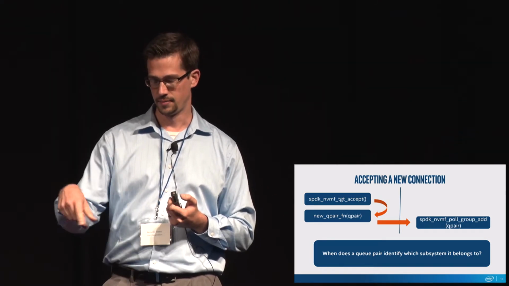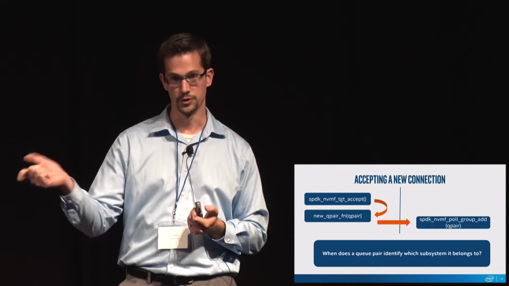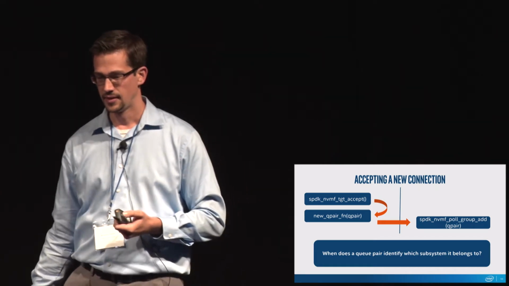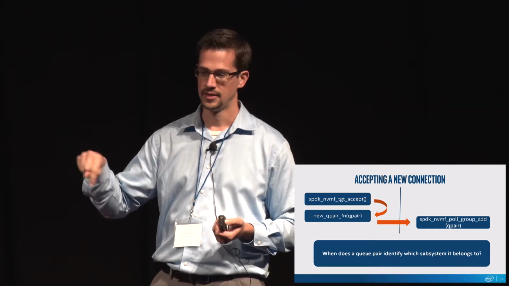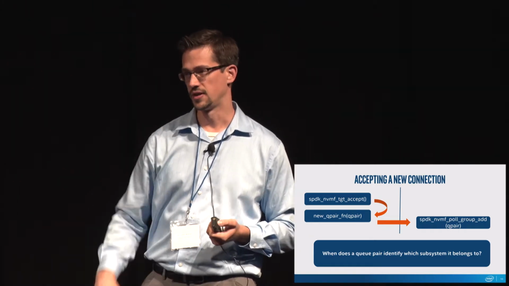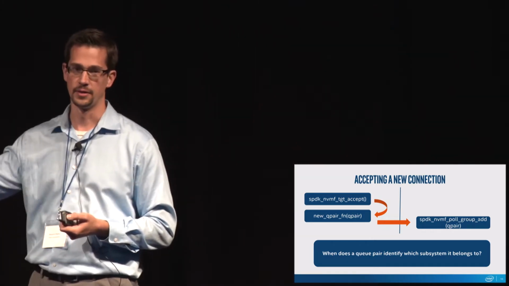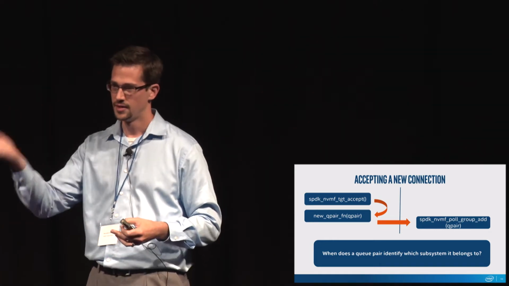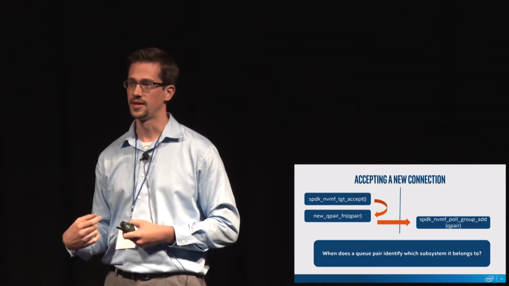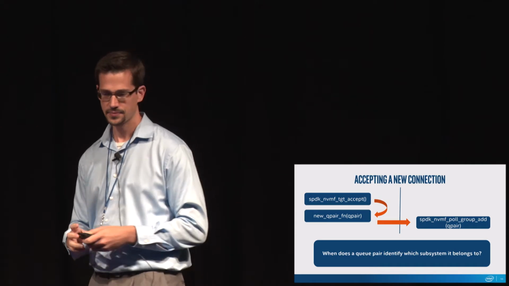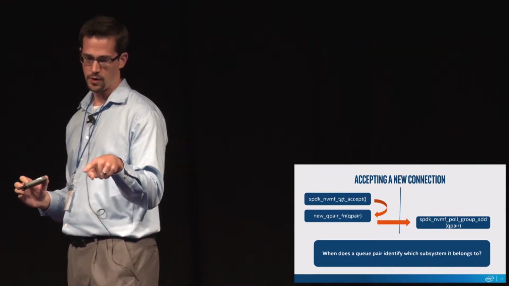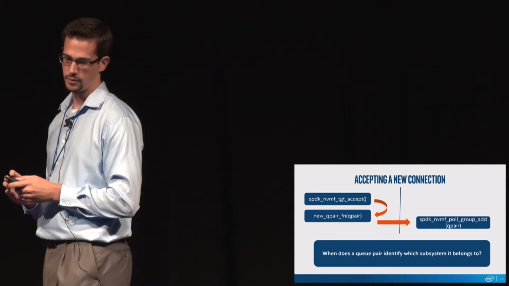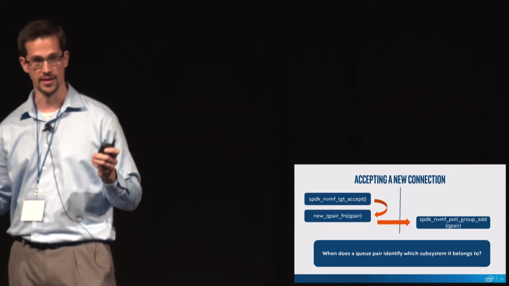One of the parameters to that function is a function pointer that you give it. That function pointer will be called every time it finds a new connection within the scope of calling accept. So it's not permanently registered. You just call accept and it calls your function n times for however many connections there are, and then it's done. In this callback, it's going to give you a pointer to a partially initialized NVMe over Fabrics Q pair, the new connection that it found.